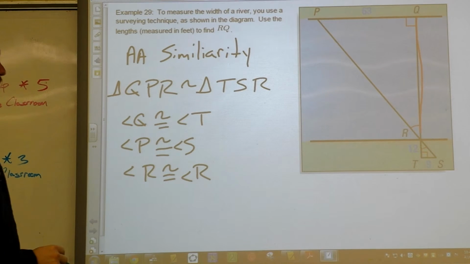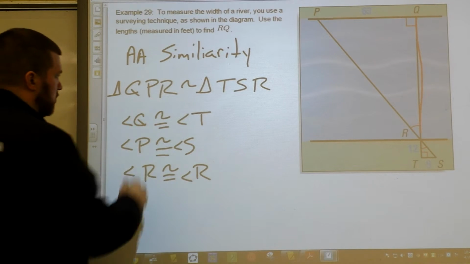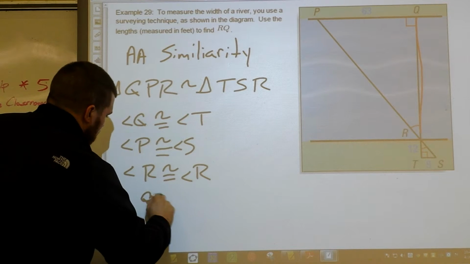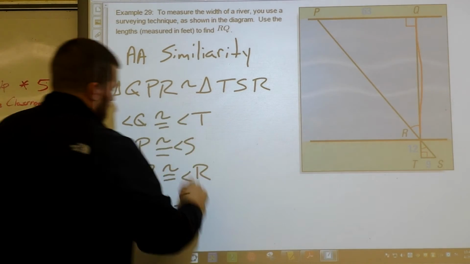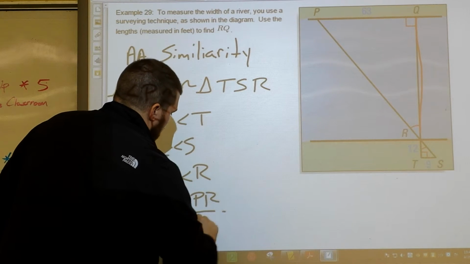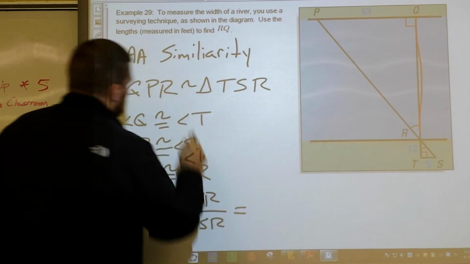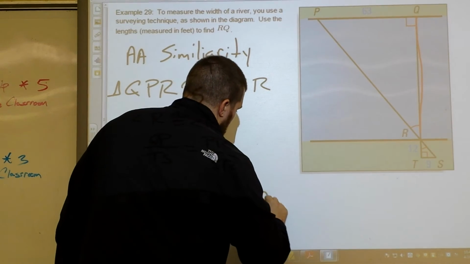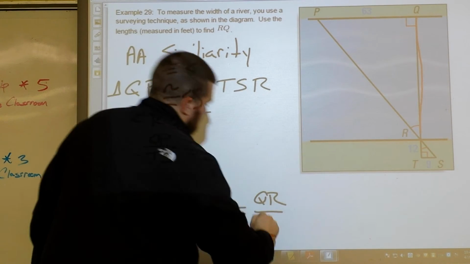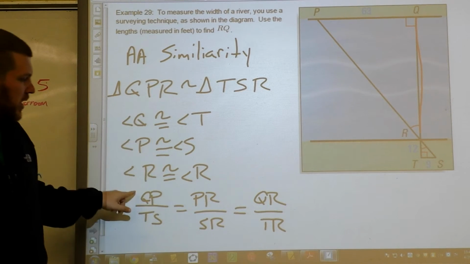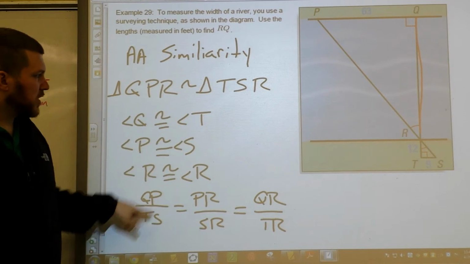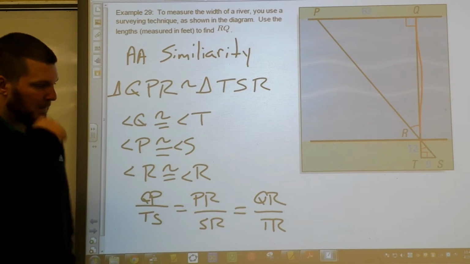Also, I know that corresponding sides are proportional. So QP over TS is equal to PR over SR, which is equal to QR over TR. Again, for each of these fractions, I have the first triangle on top. For each of these fractions, I have the second triangle on bottom.